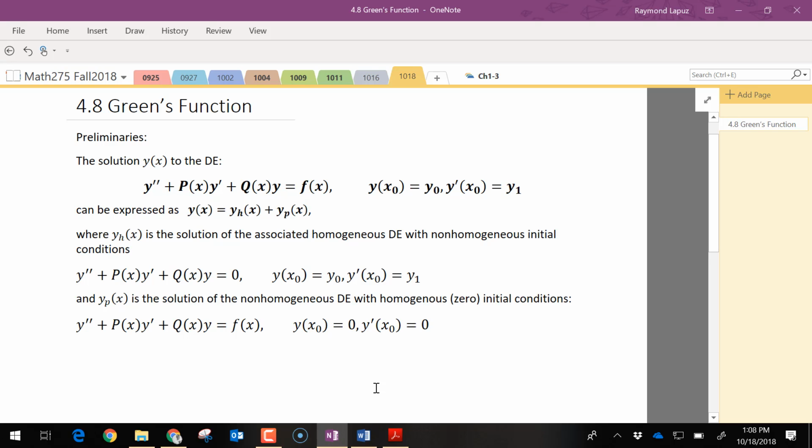So that's how we have to deal with these initial conditions. We could do them separately, or we could take advantage of variation of parameters and put them together.